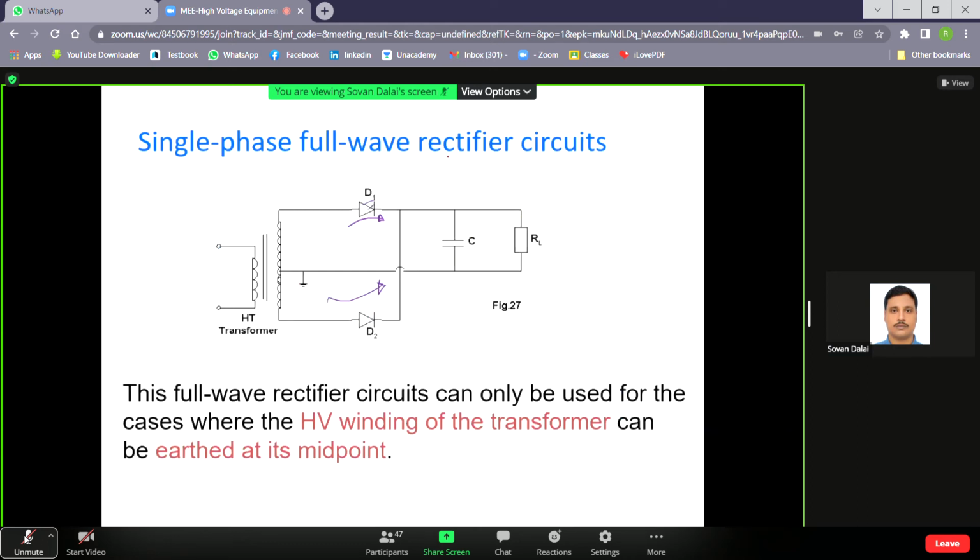But the problem of this circuit is that you always require a center tap transformer for this purpose. That is, the high voltage winding of the transformer can be earthed at its midpoint. So due to that reason, this rectification scheme is also not well accepted for the commercial generation of high voltage DC or laboratory needs.